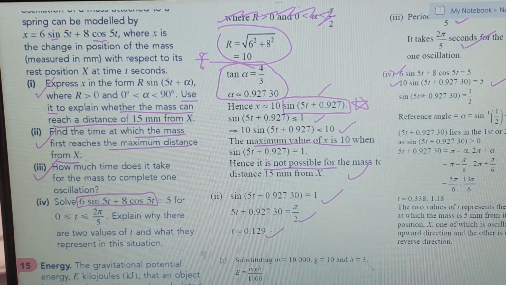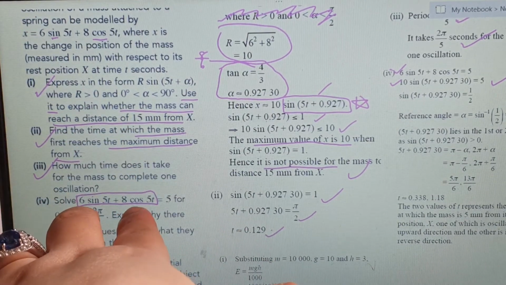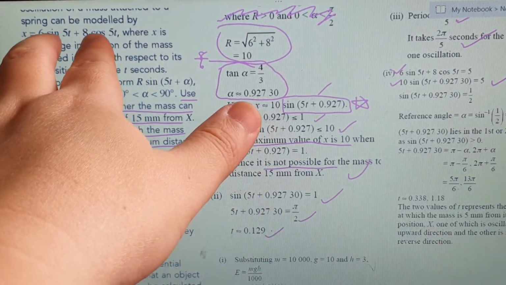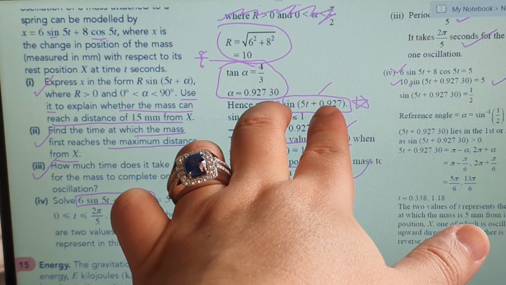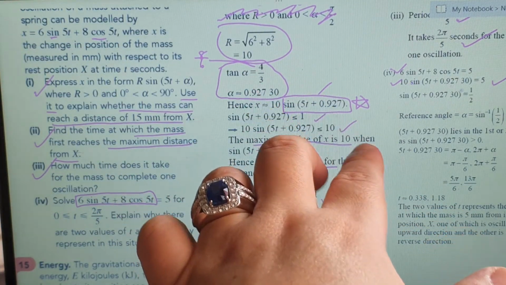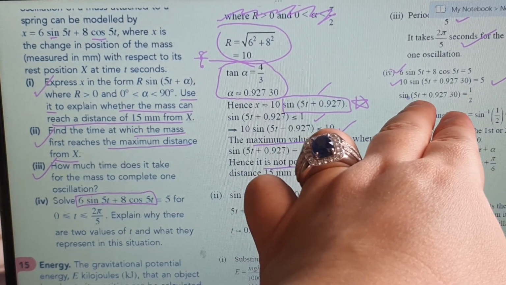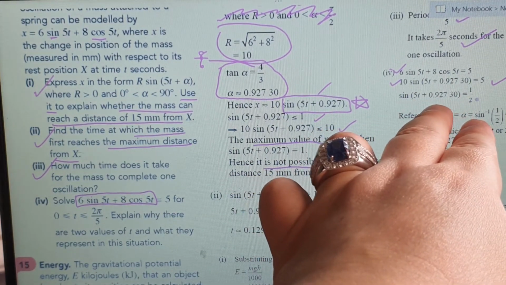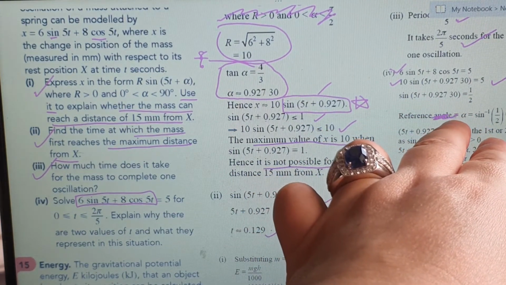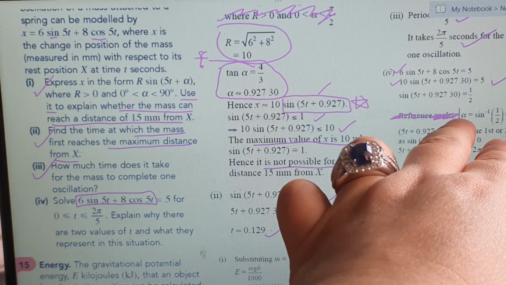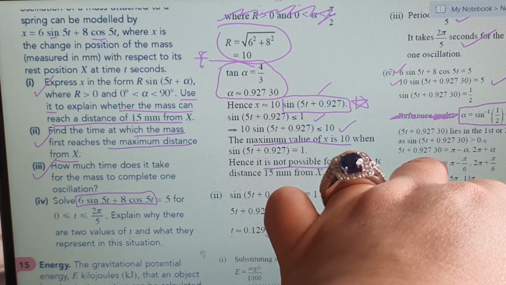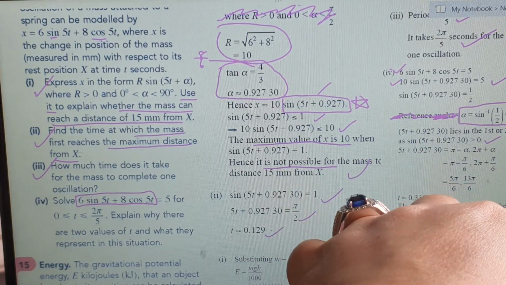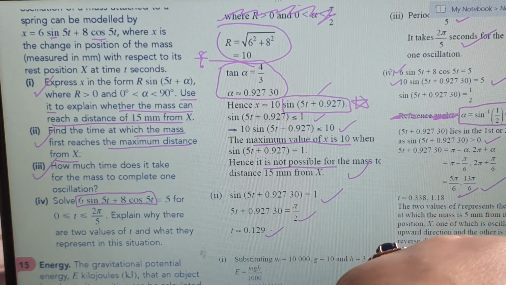Hope you understand, because this, which is this, is actually this. We converted it already just now. Then because using AddMath, it's in the sine form already, you just find the reference angle, the alpha. Then you use your ASTC, and then you can get the answer already. Okay? So this is the answer.